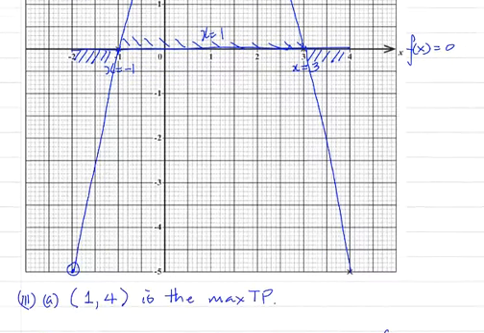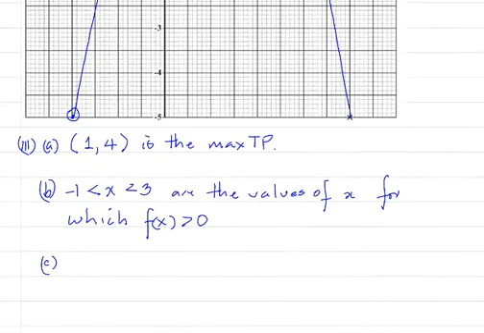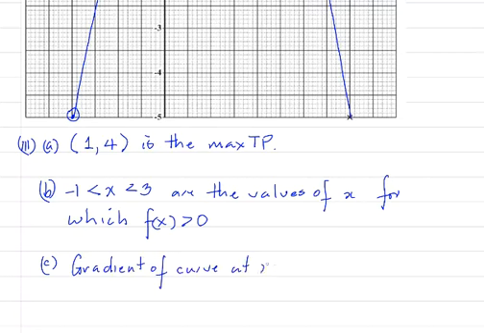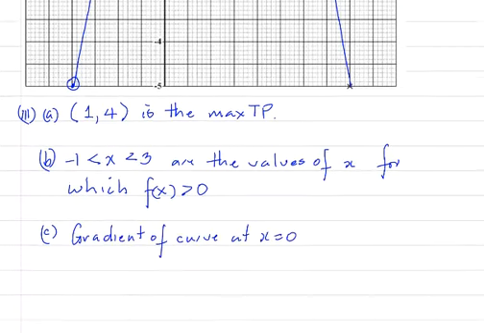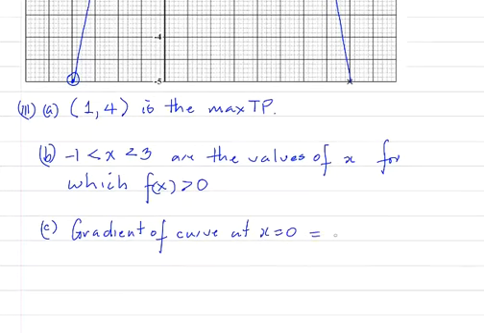So at x is equal to 1, I'm going to say the gradient of the curve when x is equal to 1 is equal to m, which is the gradient of the tangent, which is equal to 0.